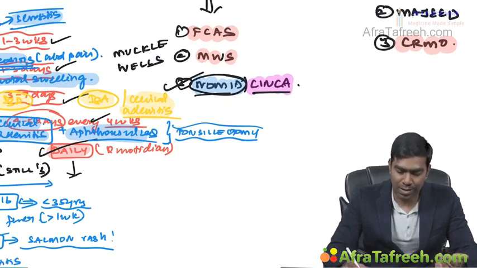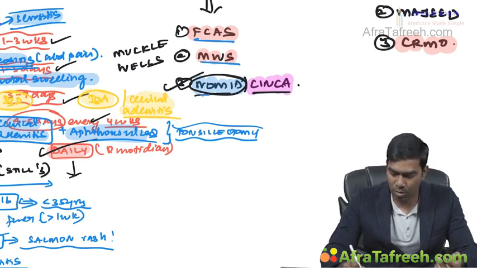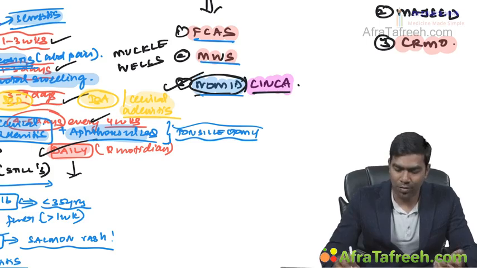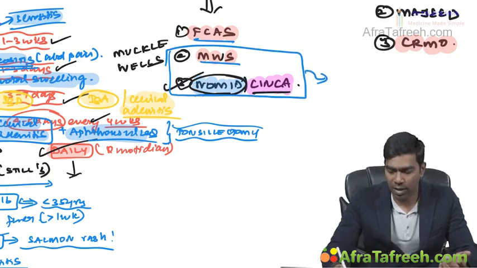So FCAS, this is familial cold urticaria, and Muckle-Wells syndrome and NOMID. Let us see what are the important things that you have to know about all these 3 things. First thing, remember this Muckle-Wells and this NOMID, all these 3 things will have urticaria.